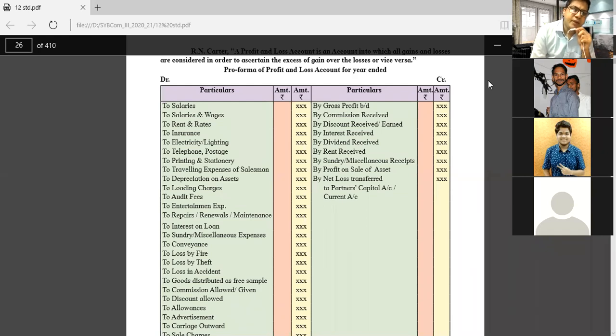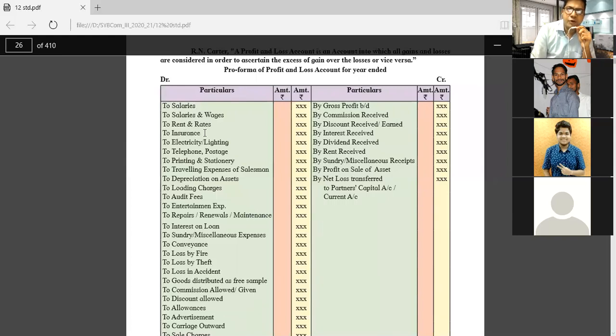Then entertainment expenses, repair, renewal, maintenance expenses. Entertainment expenses means tea, coffee, such kinds of expenses are created. That is called entertainment expenses. The repair, renewal expenses.